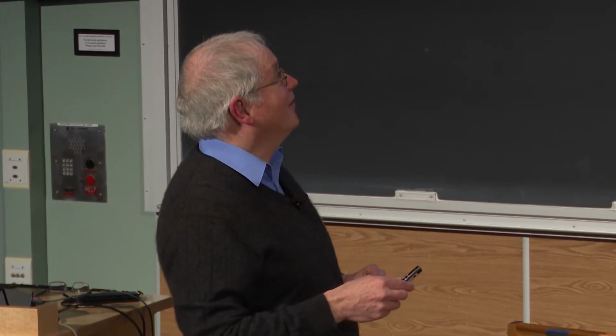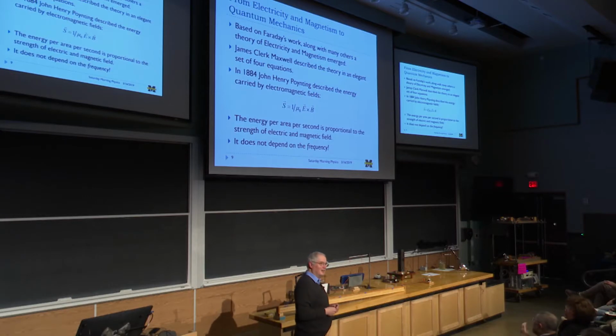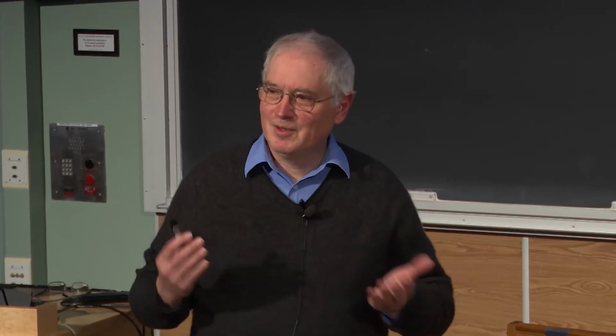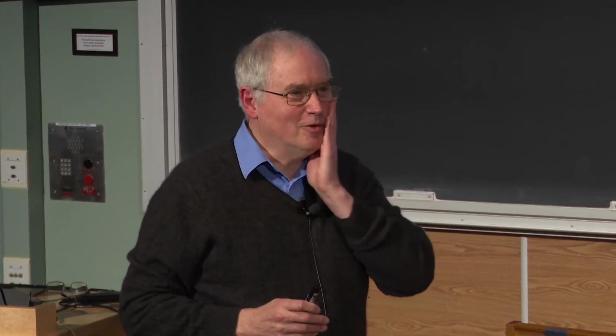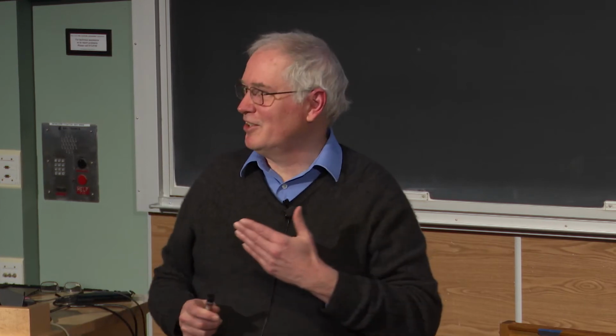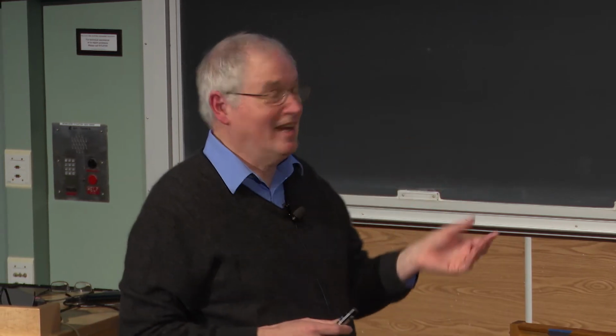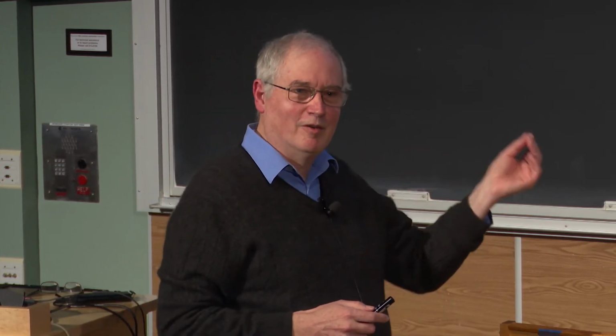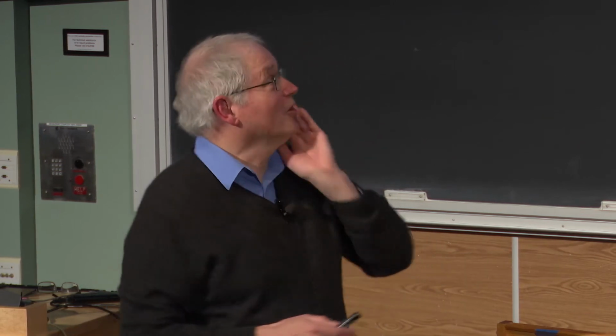Now, you can verify this yourself by just going outside on a sunny day and facing the sun. And you will feel the sunlight on your cheeks. You will feel this energy being transported from the sun to you.